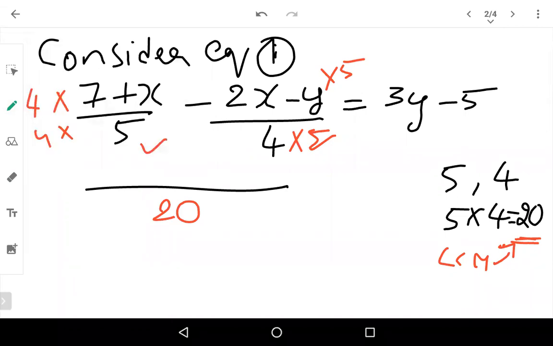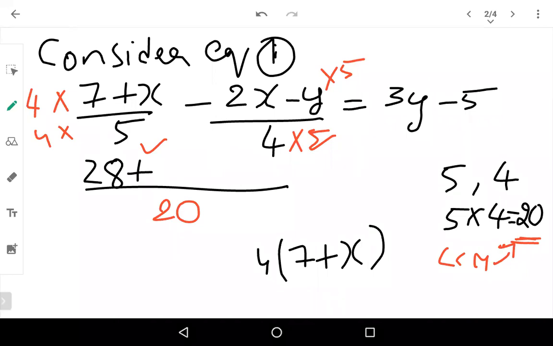So 4 into 7 plus x. 4 sevens are 28, plus 4 into x is 4x. 28 plus 4x. Then minus.